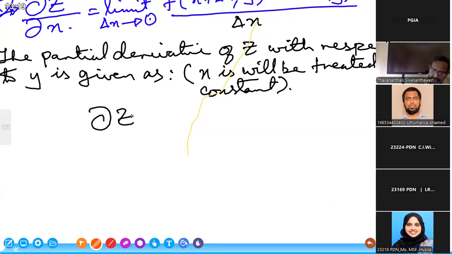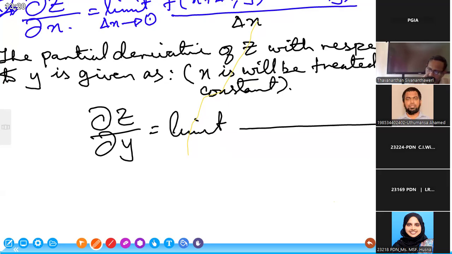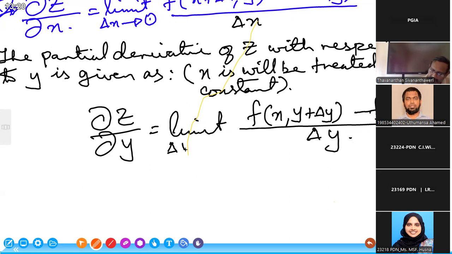The partial derivative ∂z/∂y is given as the limit of f(x, y plus delta y) minus f(x, y), divided by delta y, where delta y reaches 0.